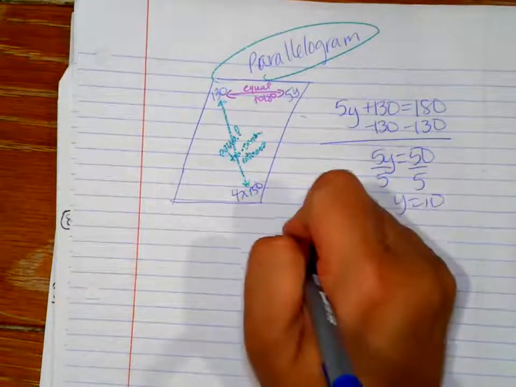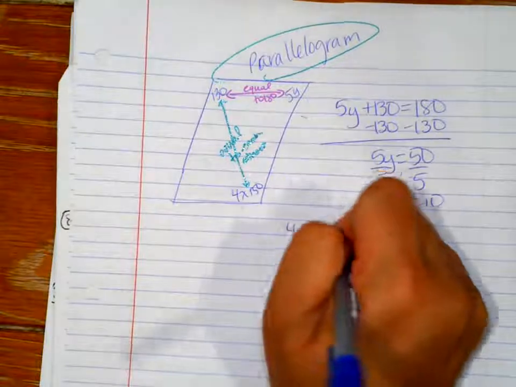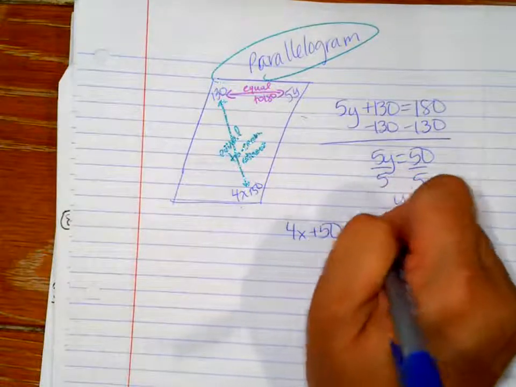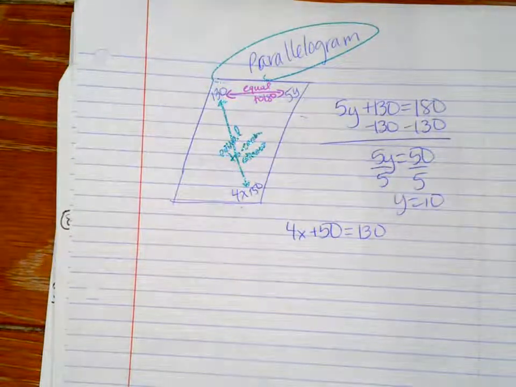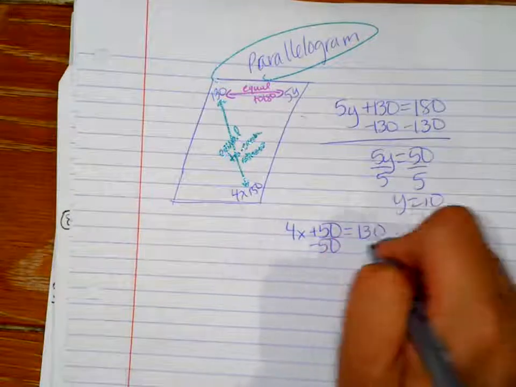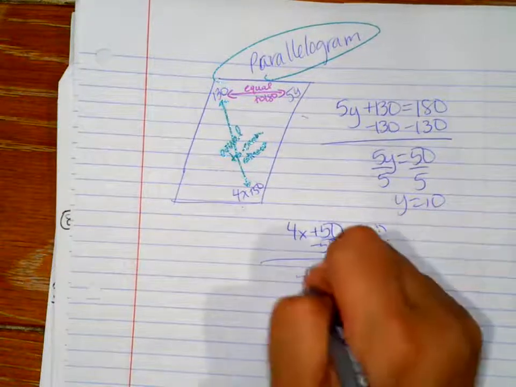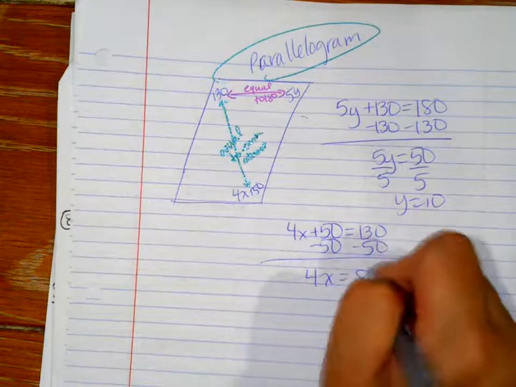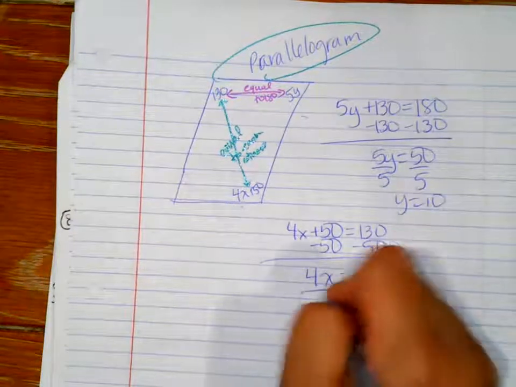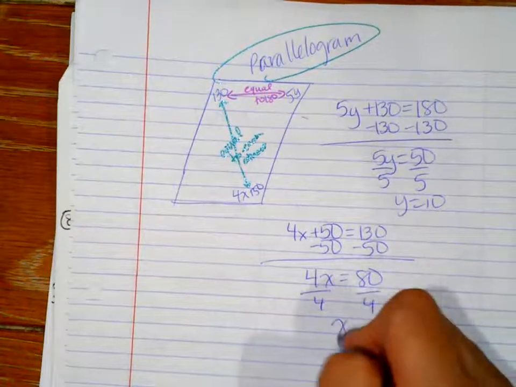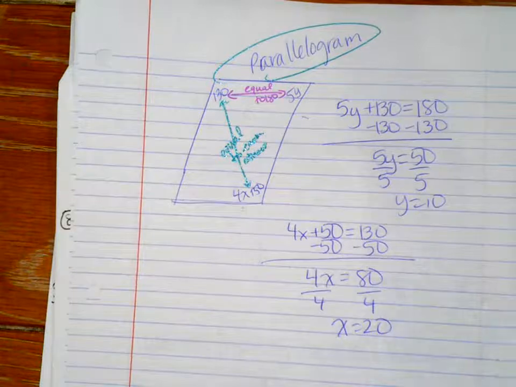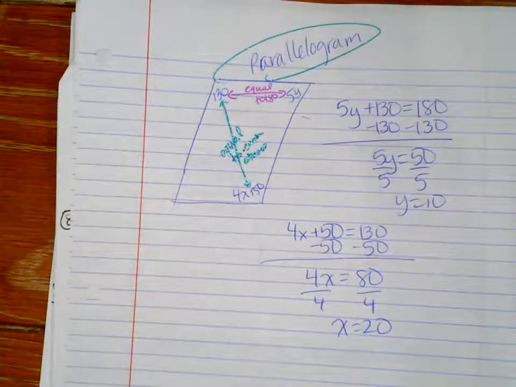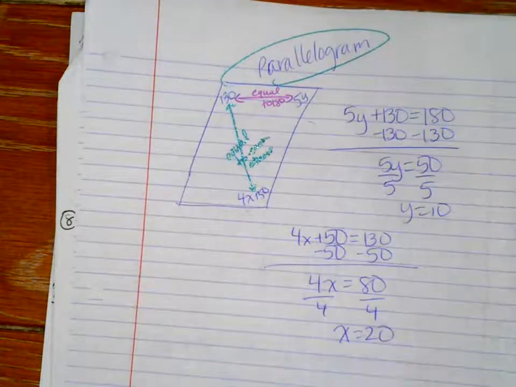So 4x plus 50 equals 130, and then solve. 4x is equal to 80. Divide both sides by 4. X equals 20.